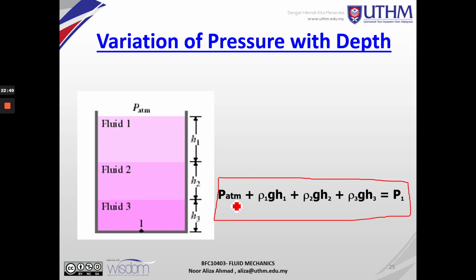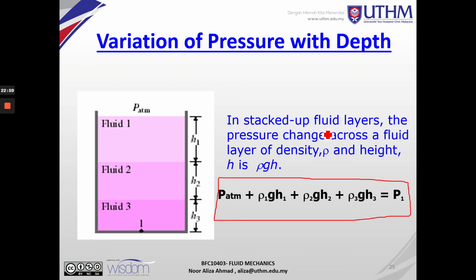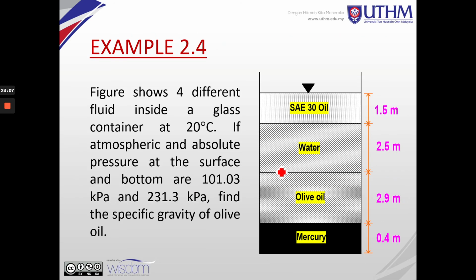So we get P atmosphere plus ρ1gh1 plus ρ2gh2 plus ρ3gh3. For layers of fluid, the pressure change across a fluid layer of density ρ and height h is ρgh. Look at the example here.